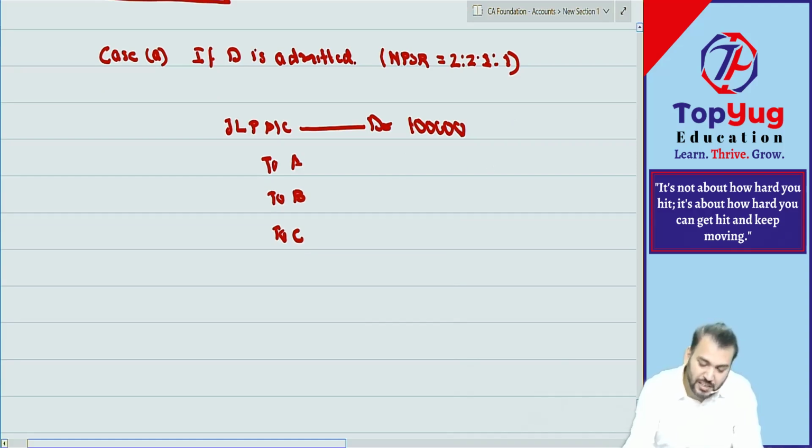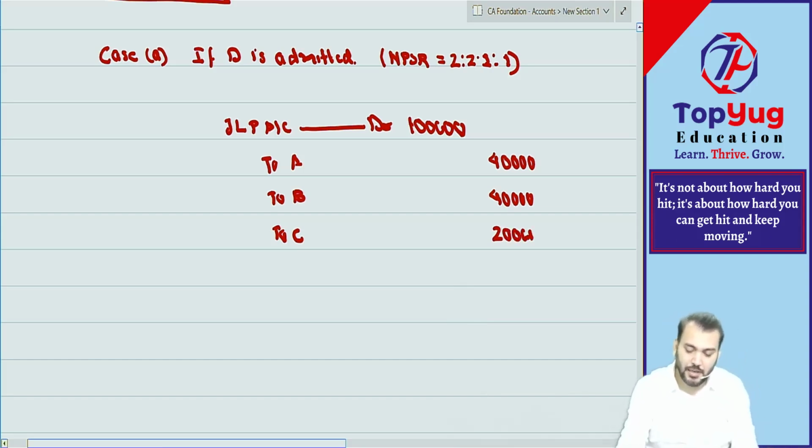OPSR. What is the OPSR I have given? It will become 40,000, 40,000 and 20,000. Correct? Any doubt? Done? No other journal entry?